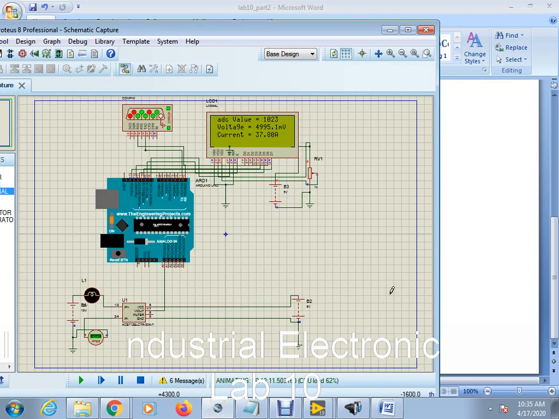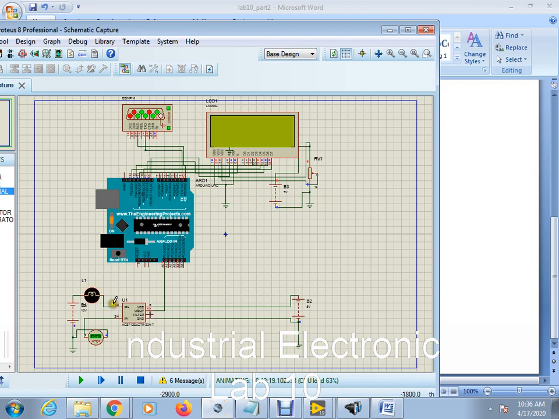This one is the COM physical port. This is the LCD. This is the Arduino Uno. This is the lamp. This one is the ammeter. This is the visual design for Proteus, which is ACS712.